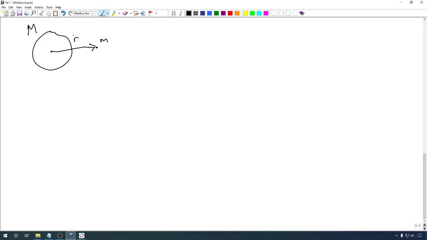Usually we put this as a boldface, or maybe if you prefer, we could put an arrow over that, but I'm just going to use little r. The force of gravity on this object due to the Earth, we can write as F of r equals minus GMm, where G here is a constant, divided by the magnitude of r cubed times r.